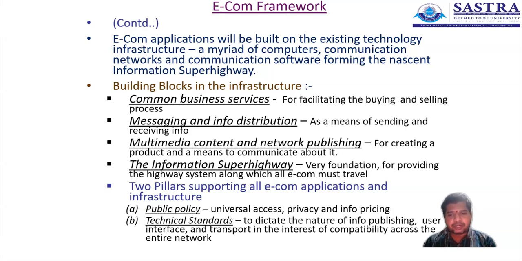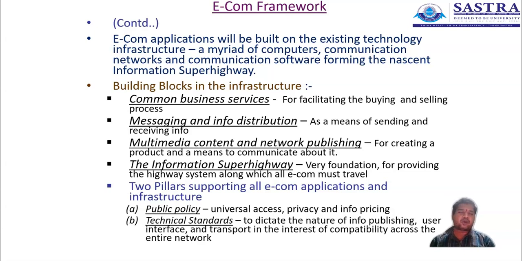The information superhighway is the very foundation for providing the highway system along which all e-com must travel. We have two pillars supporting all e-com applications and infrastructure. One is public policy, another one is technical standards. Coming to the public policy, universal access, the policy should be universally accessible, and privacy.